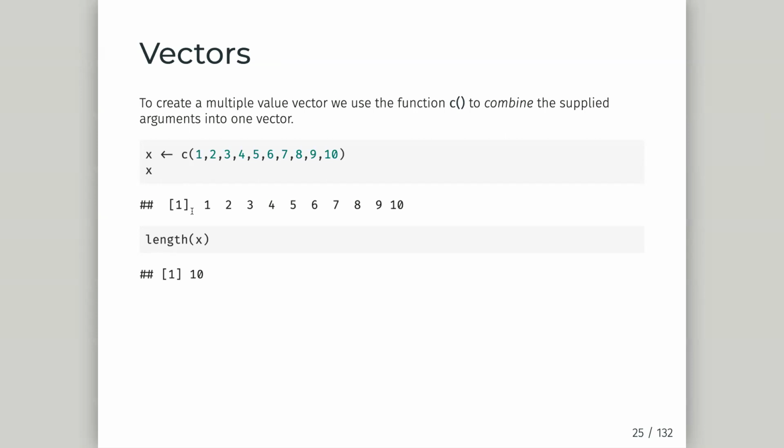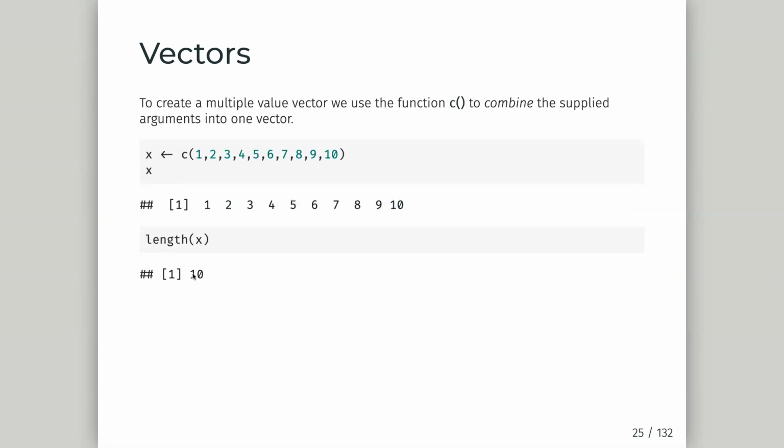Like other functions, it takes its name, which is c, then the parentheses, and our arguments are separated by commas: 1, 2, 3, 4, 5, 6, 7, 8, 9, 10. I get back a vector of length 10 containing my results. Very, very simple. Length is another function. It takes just one argument, a vector we want to get the length of, and it's going to give me 10.